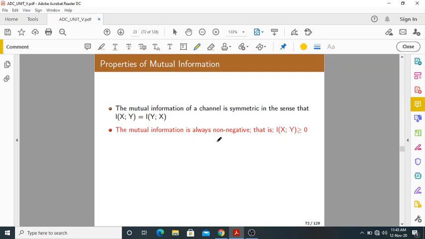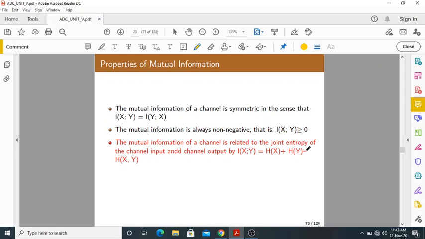Mutual information is always non-negative. I told you while discussing the properties of information itself, any information is always non-negative. It's always positive, which means it's always greater than or equal to 0. So this is one more formula for the mutual information. What is that? H of X plus H of Y minus H of X comma Y. What is this?